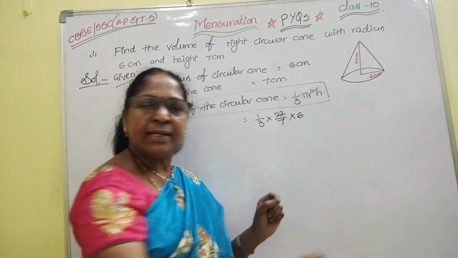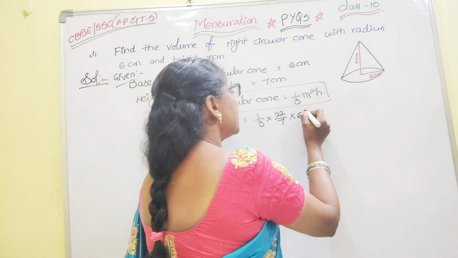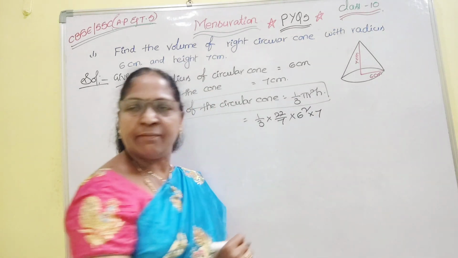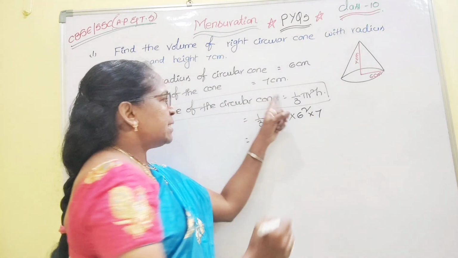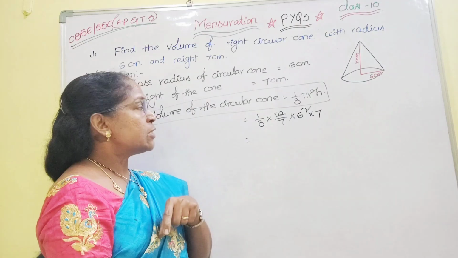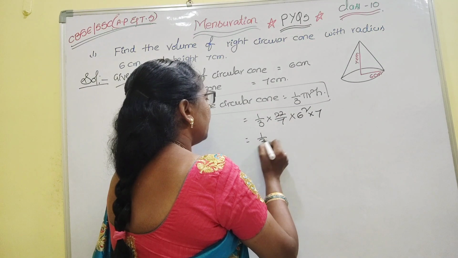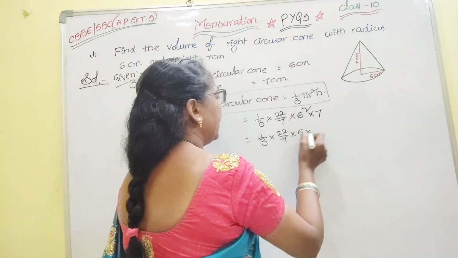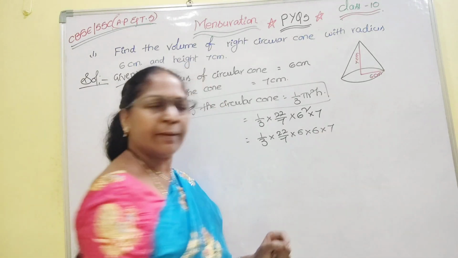So r square is 6 into 6. First write 6 square into 7. Now, this is the substitution. Next, you have to simplify: 1/3 into 22 by 7 into 6 into 6 into 7.